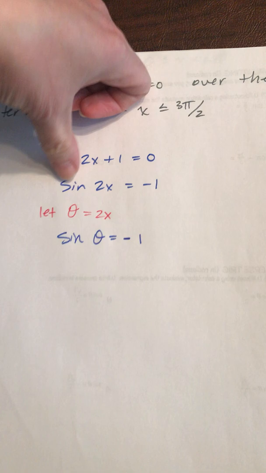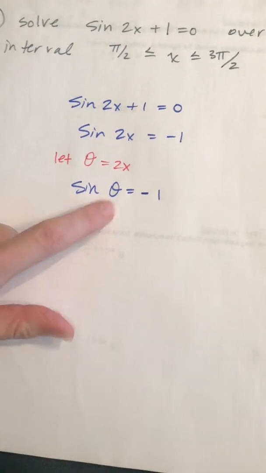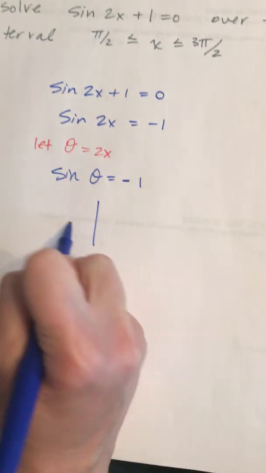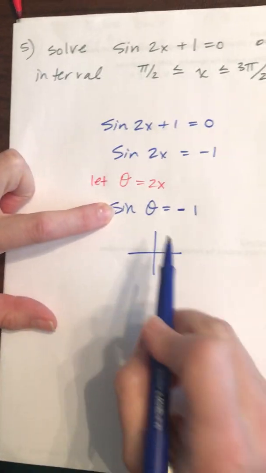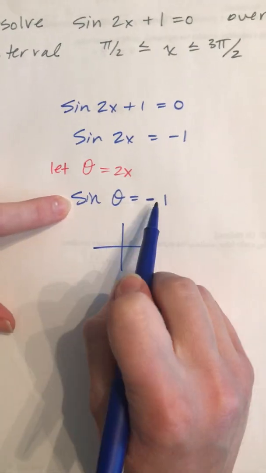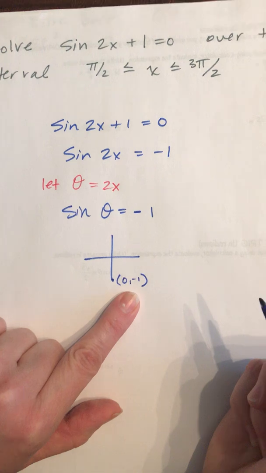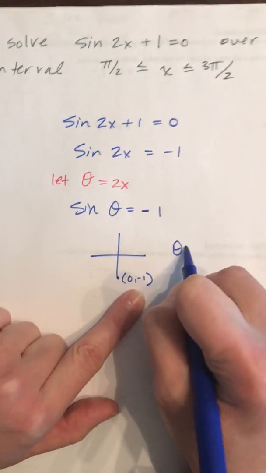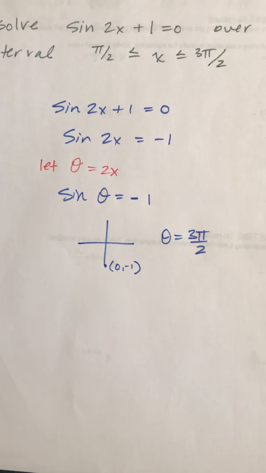Instead of saying sine of 2x, I can just say sine of theta. And that allows me to solve this because we know how to do this one. So I'm going to solve this equation now. This is basically asking when is sine going to be -1. Remember, that's your y value, so that's down here at 3 pi over 2. So that means theta is going to equal 3 pi over 2.